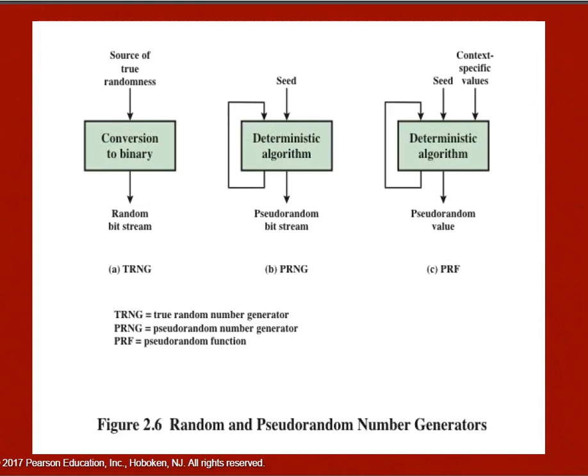The source or combination of sources serves as input to an algorithm that produces random binary output. So you take something from the computer, and then you generate the random bit stream. The TRNG may simply involve conversion of an analog source to a binary output.